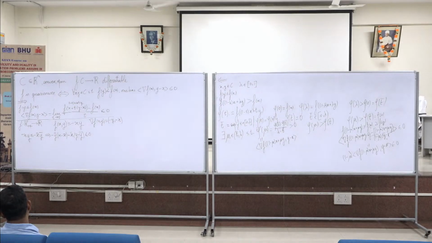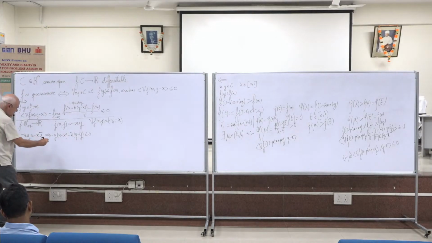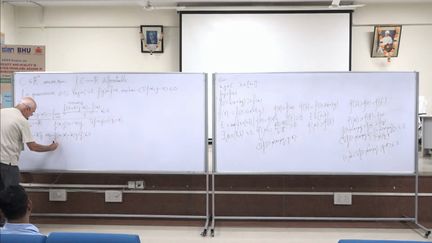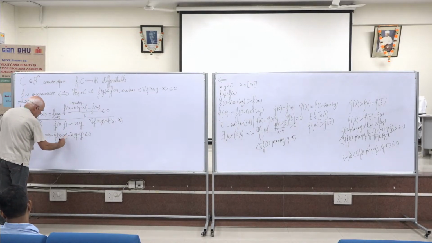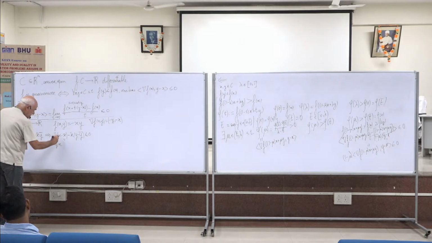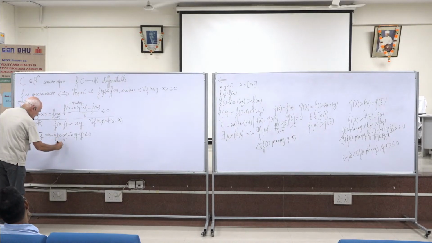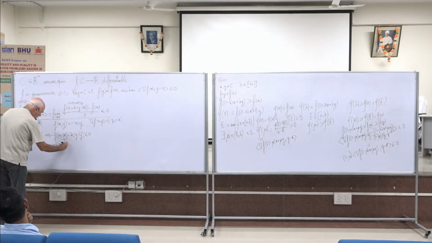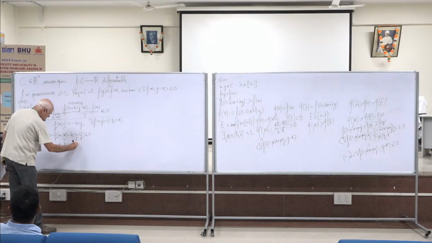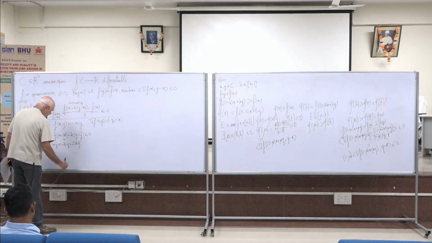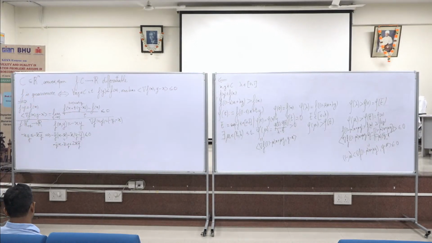So we should prove that this implication holds true, which is the same as saying here that minus y bar x minus x bar y plus twice x bar y bar, we should prove that this is less than or equal to 0.